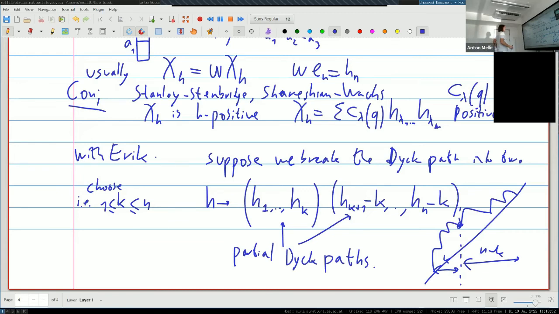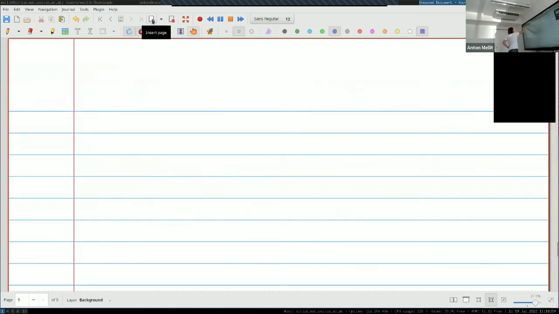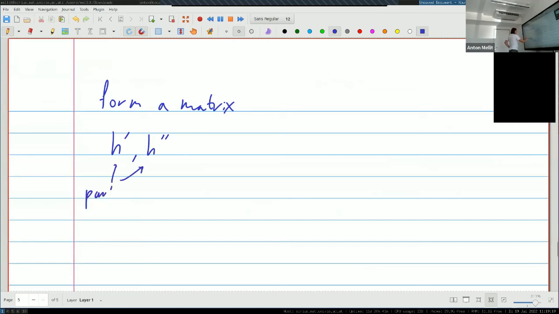And then we use a different matrix, the following matrix. Form a matrix where h prime and h double prime are the two partial derivatives, and we glue them together.